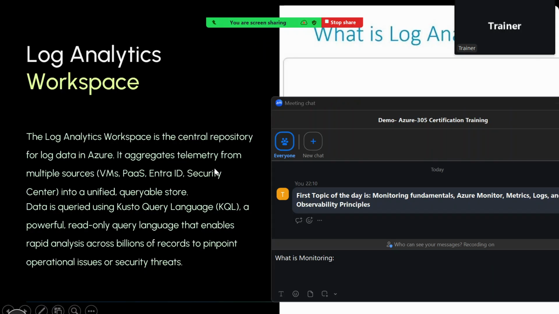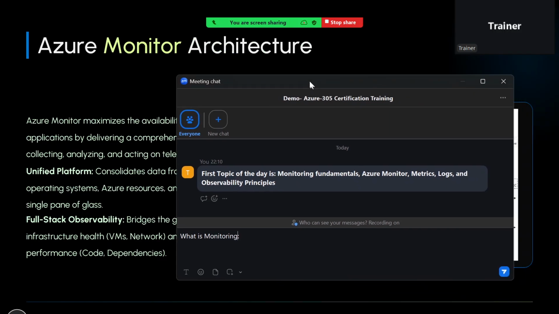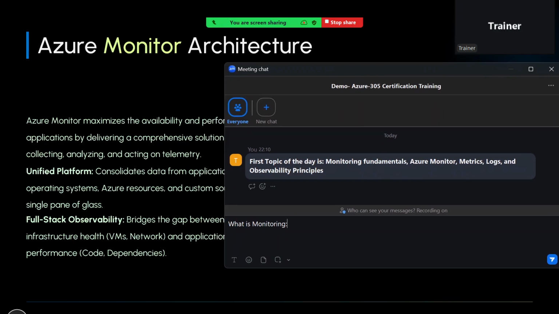Let me write here. Monitoring means continuously collecting information about the systems.